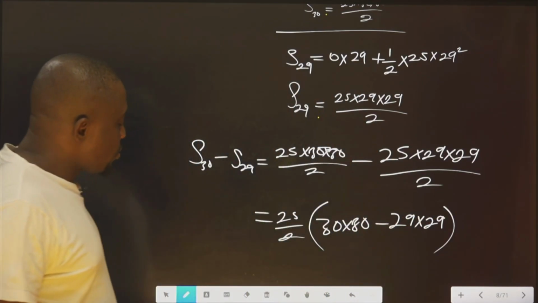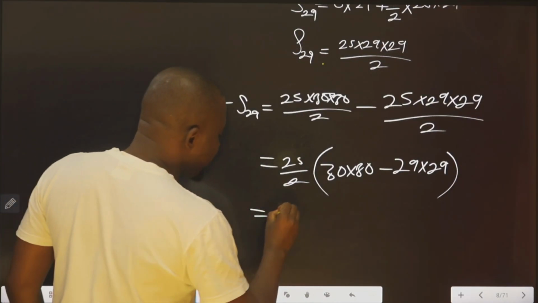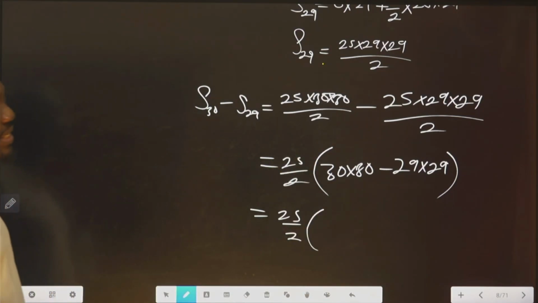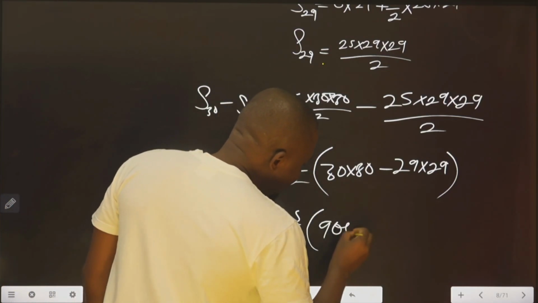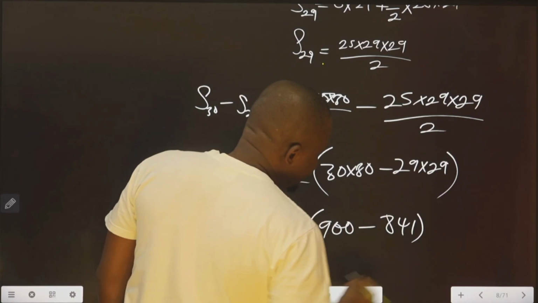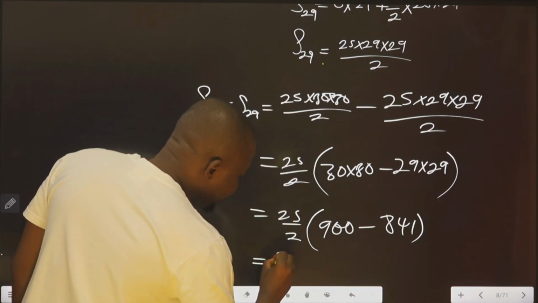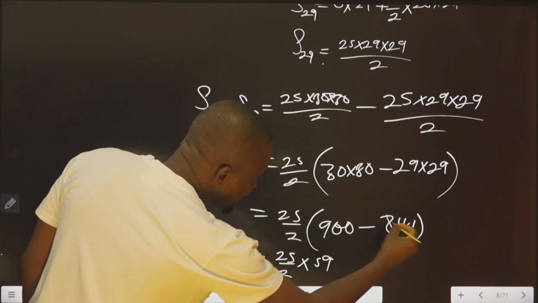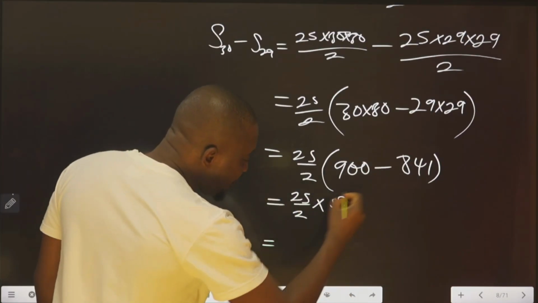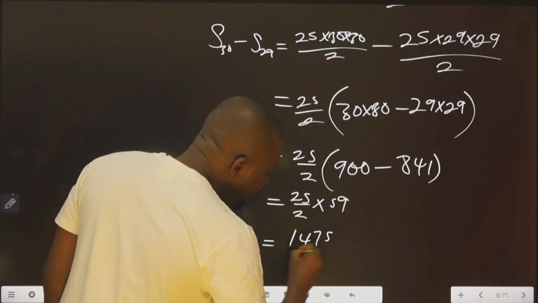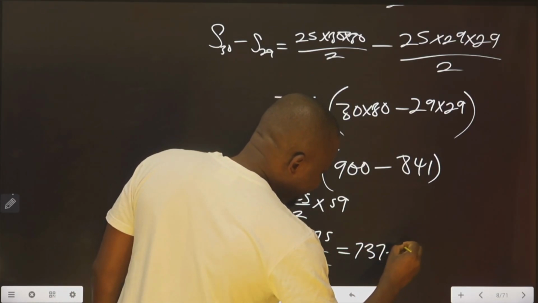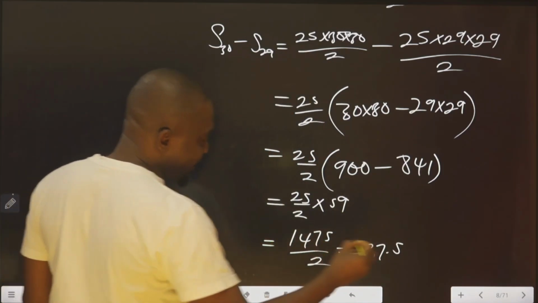So now, this will give us 25 over 2 multiplied by 900 minus 841. This will give us 25 over 2 multiplied by 59, which gives 1475 over 2, equals 737.5 meters.